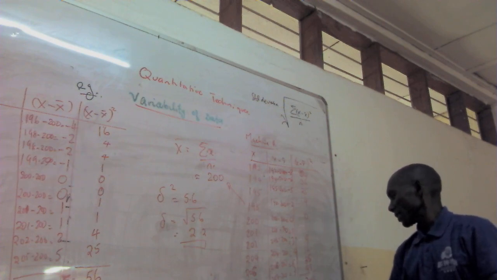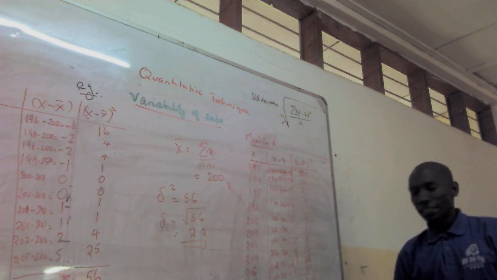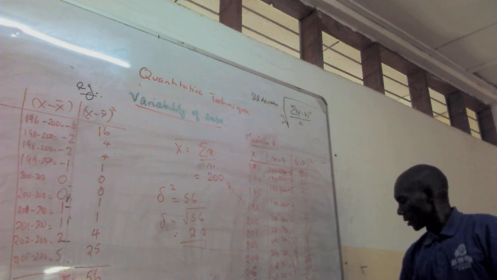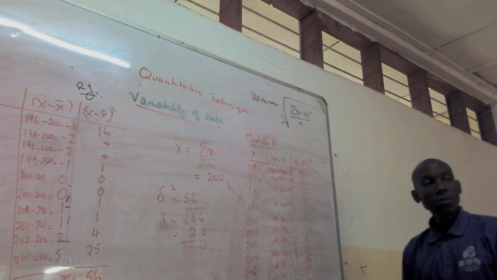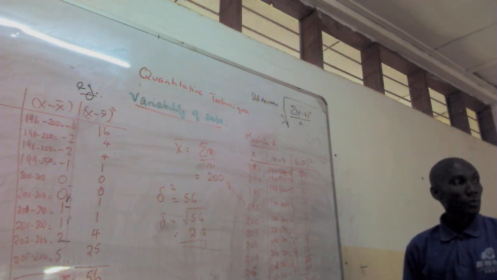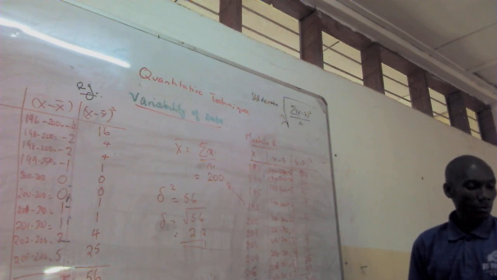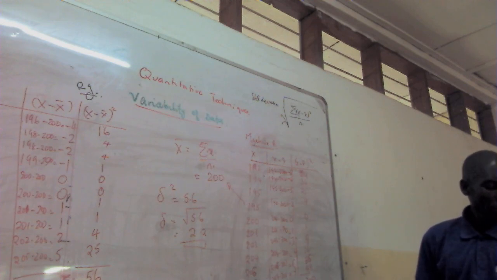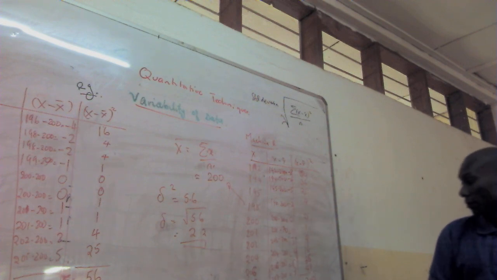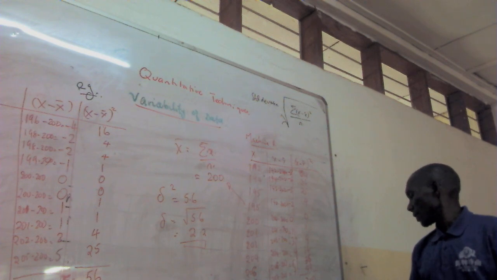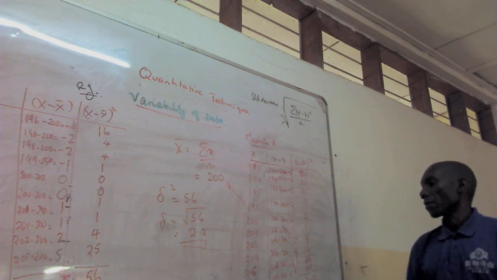This is your variance. And standard deviation is the square root of the variance 24, which gives you 4.9.